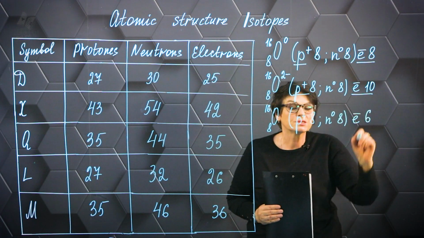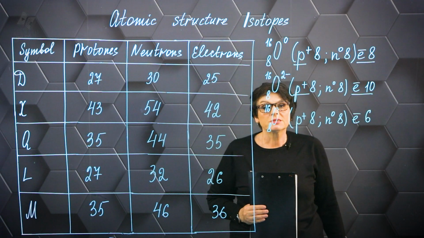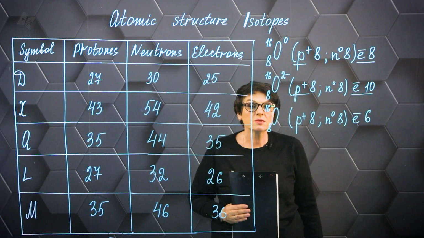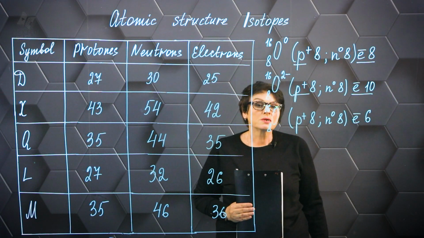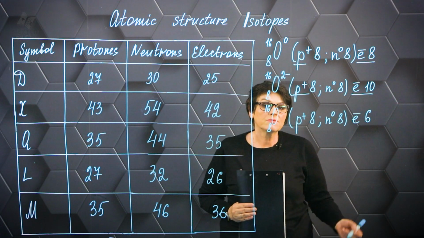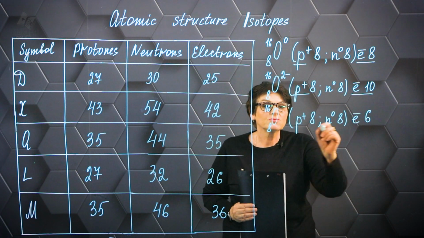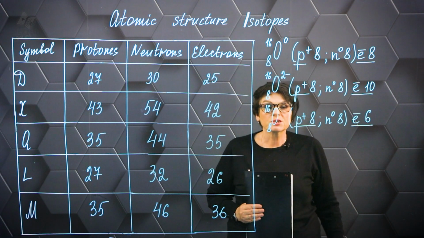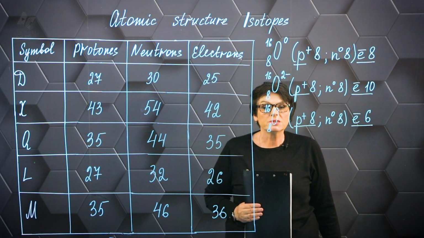This is fluorine, and then oxygen will give its 2 electrons to fluorine, and then the number of protons it has is 8, electrons are 6, that is 2 less, which means that such a particle will have a charge of 2 plus respectively and will be called a cation.